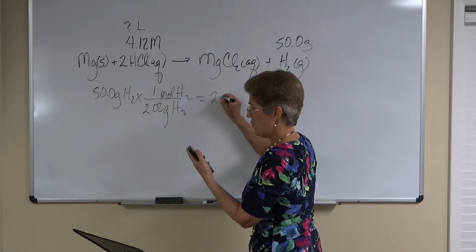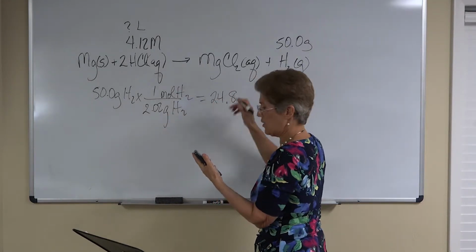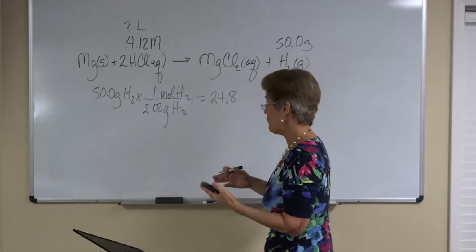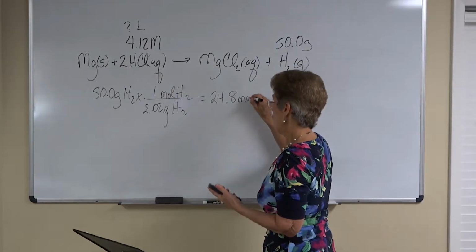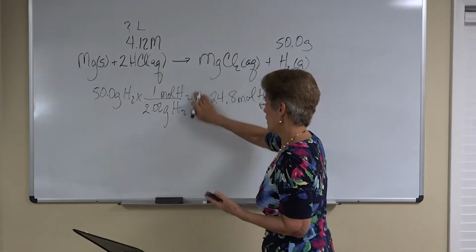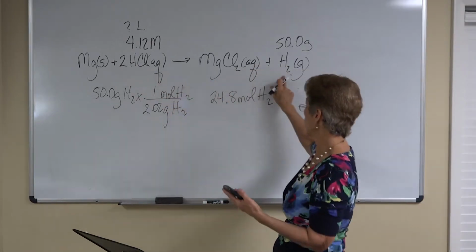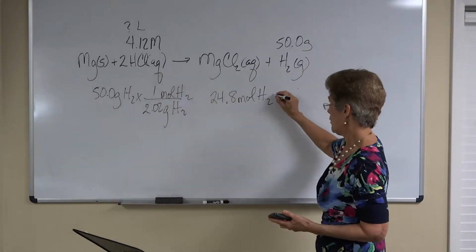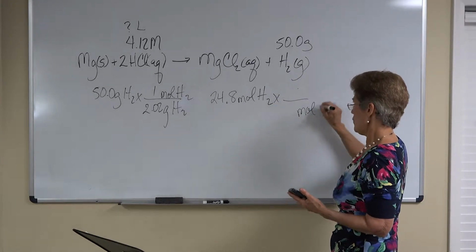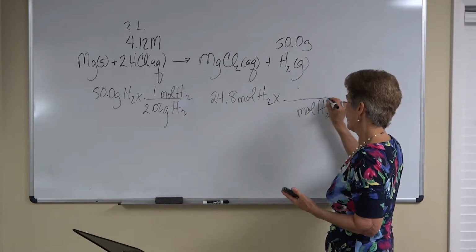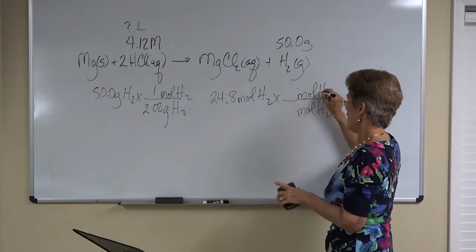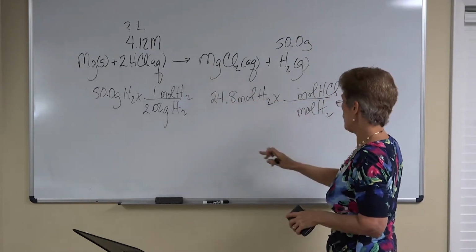Three significant figures, 24.8, because I have in my calculator 24.75, so 24.8 moles of H2. Now I'm going to ditch this because I want to go from here to here. So I'm going to go times line, moles of H2 to moles of HCl, because that's taking me where my question mark is.